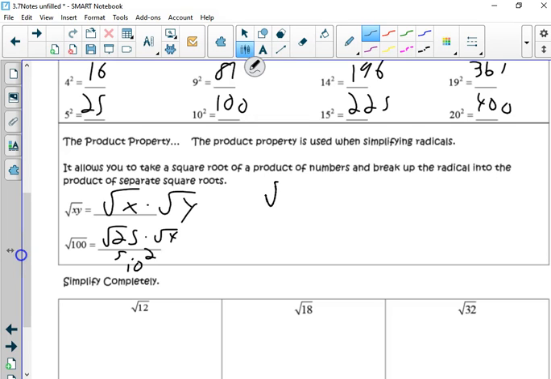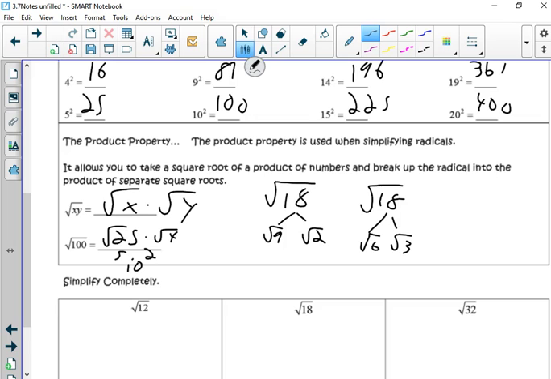Same thing with the square root of 18. You could break that up into the square root of 9 and the square root of 2. You can also break it up into the square root of 6 and the square root of 3. Now, 18 is very important.